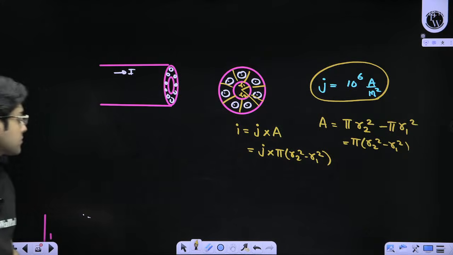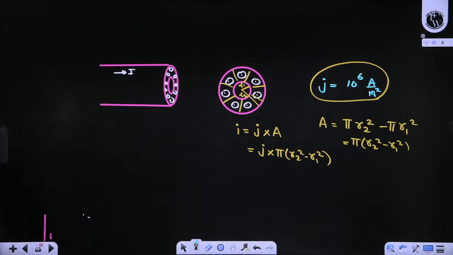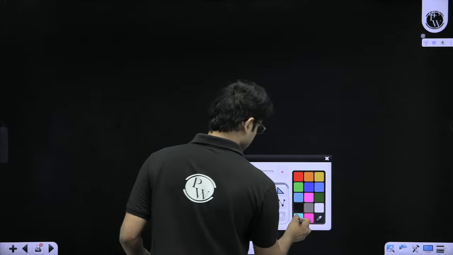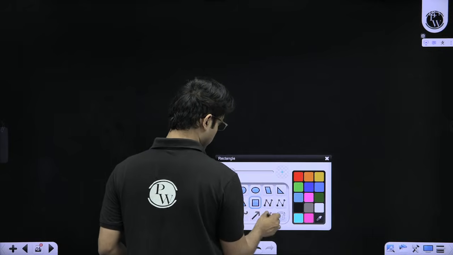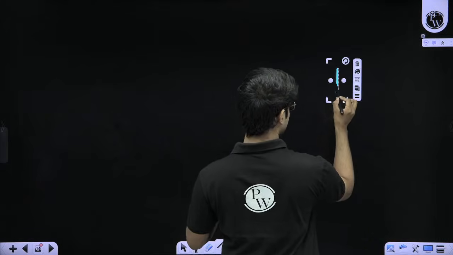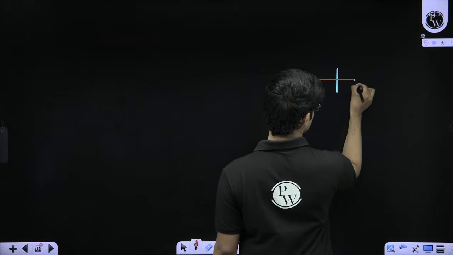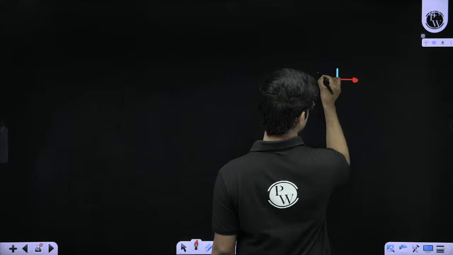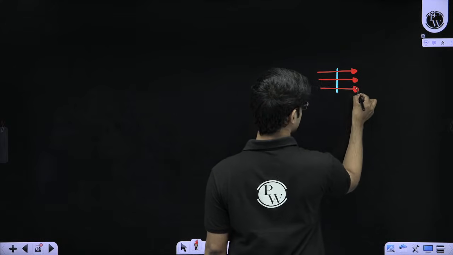Then that is all for current density. Now we can move on to the next variation of this. Which is when the area is not perpendicular to the current, right? So in the previous cases, what we discussed was when current was cutting the area perpendicularly, right?